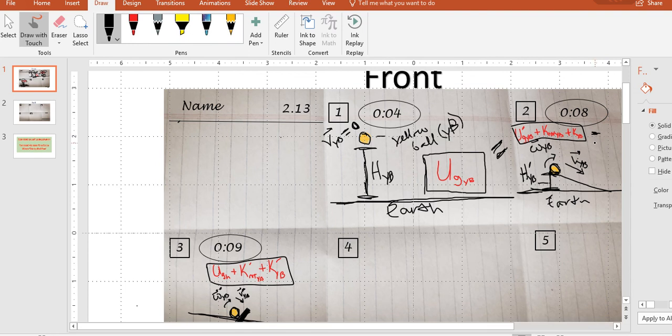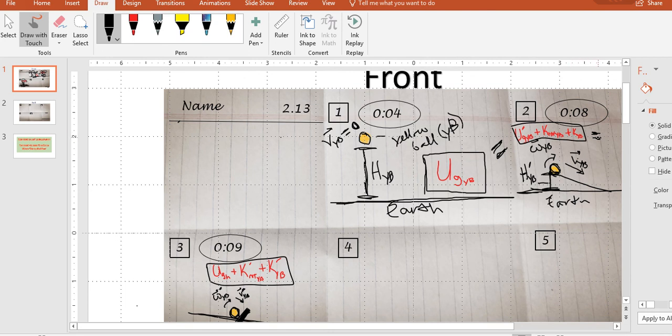Therefore, it's an isolated, also known as closed system. See, your potential gravity of the yellow ball when it starts off is equal to the next potential energy due to gravity of the yellow ball, plus the rotational kinetic energy of the yellow ball, plus the regular kinetic energy of the yellow ball.